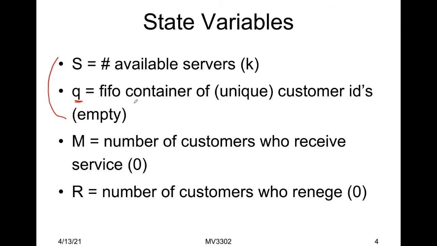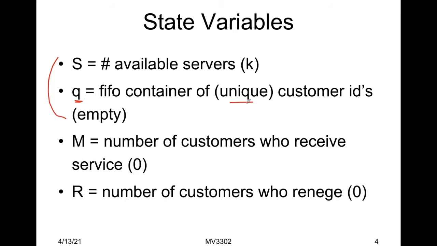The queue yesterday, the queue container, was containing the arrival times because we wanted to collect explicitly what the delays in queue and the time in the system were, and to do that we used the times. Here we're really interested in keeping track of the unique customer, and so instead of keeping the times, this container is going to keep the unique customer IDs, and it's initially going to be empty.